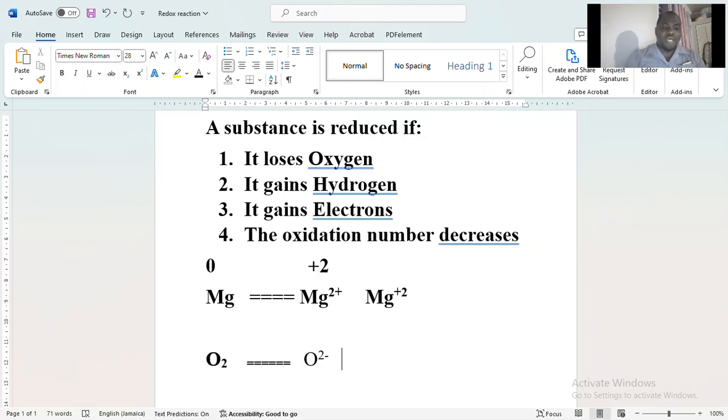So now the anion of oxygen has 10 electrons but 8 protons.